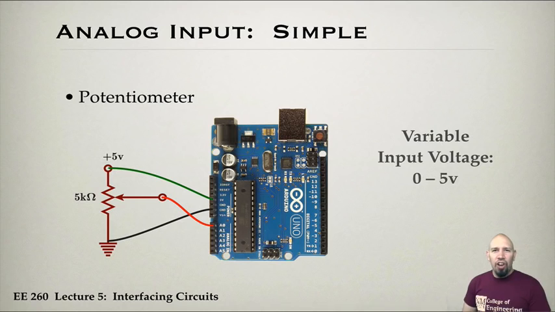Now our first analog circuit that we're going to talk about, an interfacing circuit, is the simplest one, which is a potentiometer. A potentiometer, or a pot, is basically a variable resistance. It has 3 terminals, and what's called the wiper, and the wiper can be set anywhere from one side to the other side of that resistor.